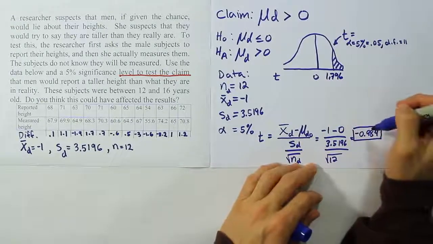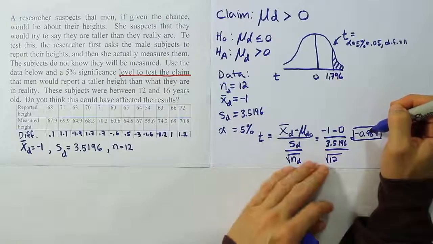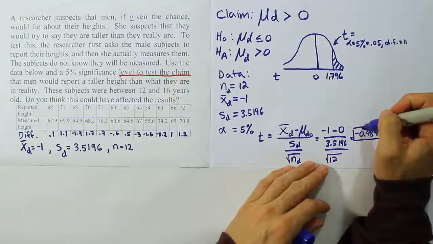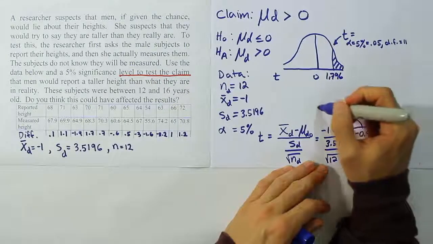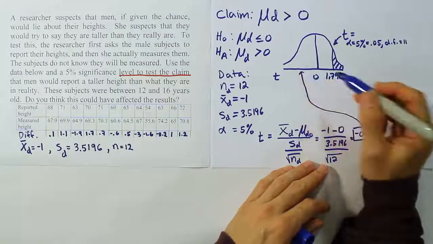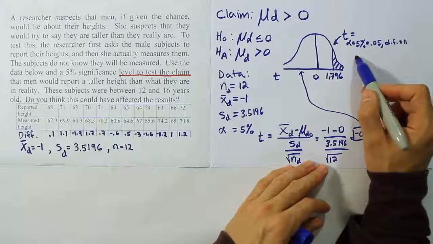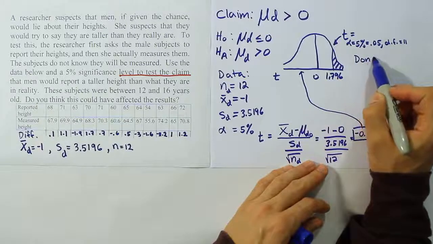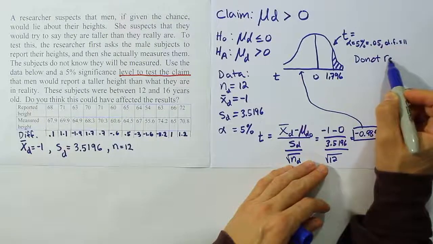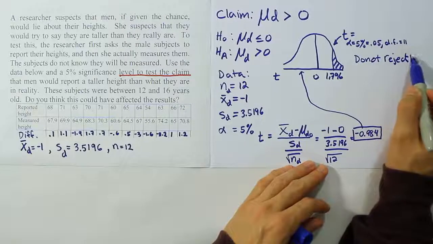And from there, we're going to make a comparison between that and our test statistic. And we see that our test statistic is, of course, way over here to the left. So we're going to decide that we do not reject H0. So the conclusion is that we do not reject H0.